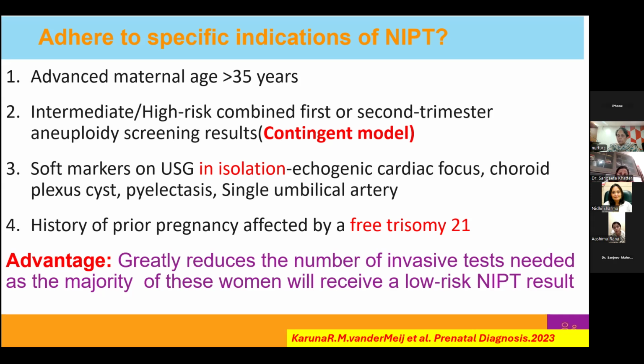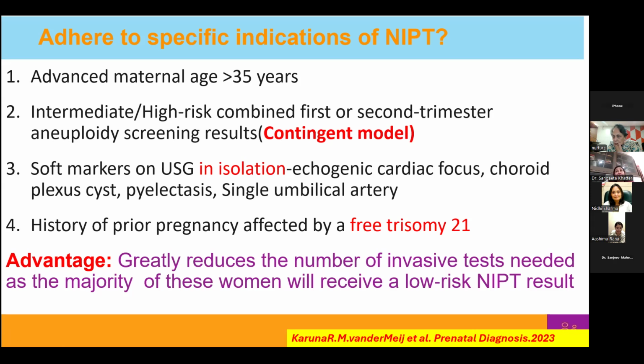Ma'am, Dr. Usha Madan is asking, which is better, dual test or NIPT? So it depends on the patient, ma'am. I offer both of them, but mostly in low risk patients we advise the dual test, and we tell the patient that it has 90% sensitivity.